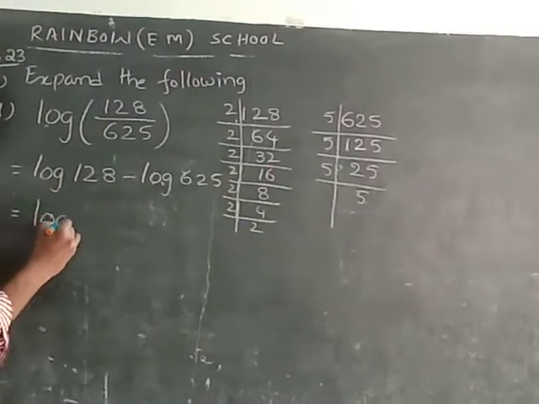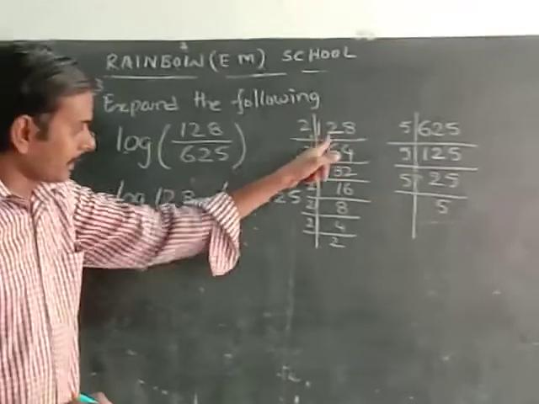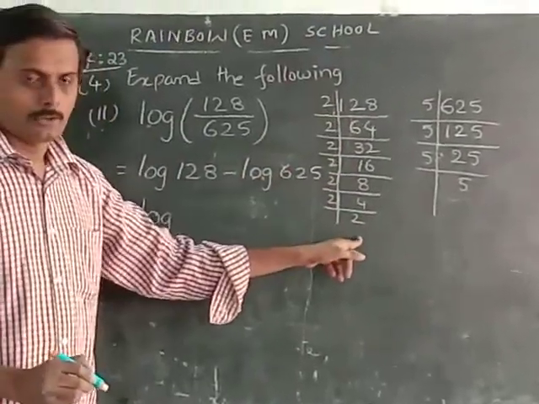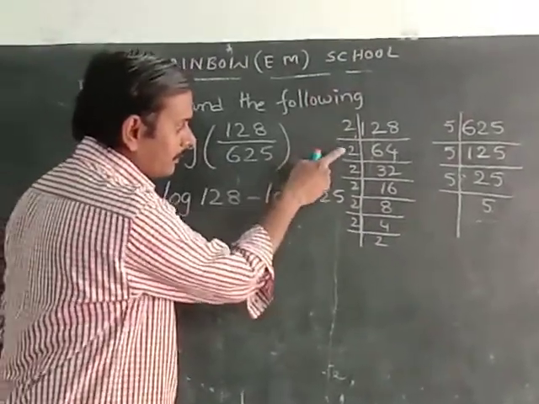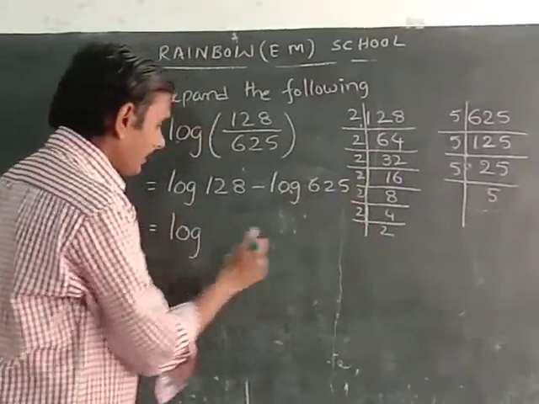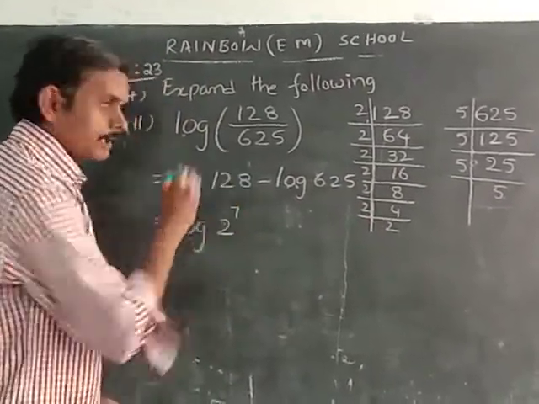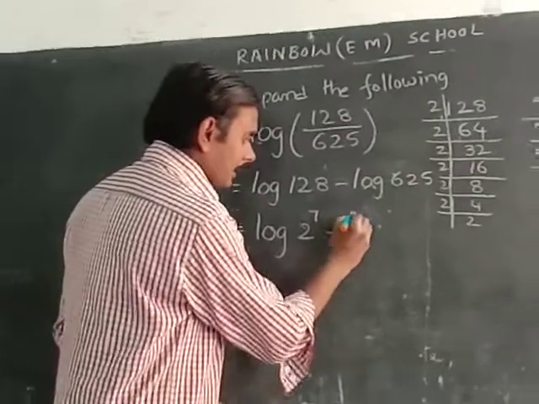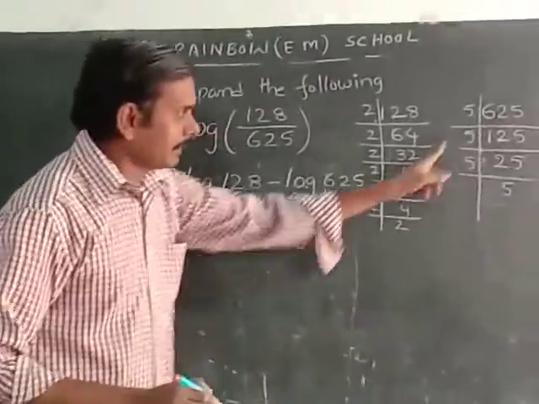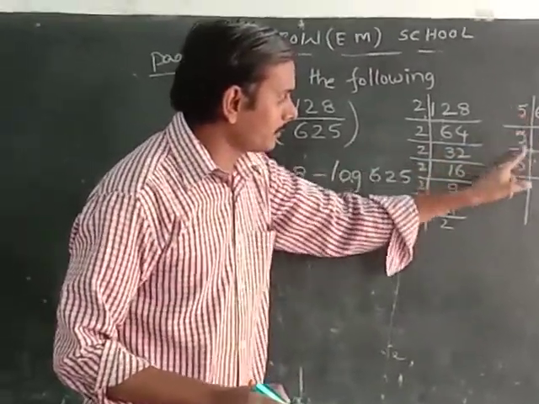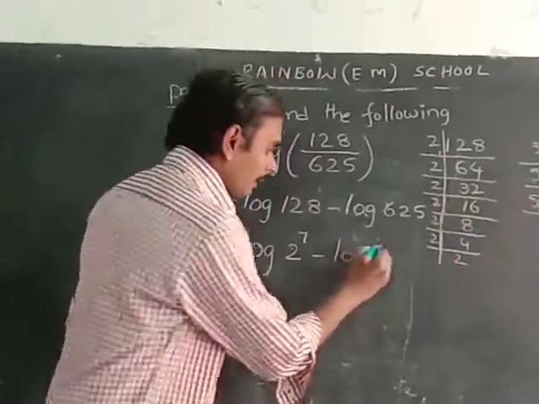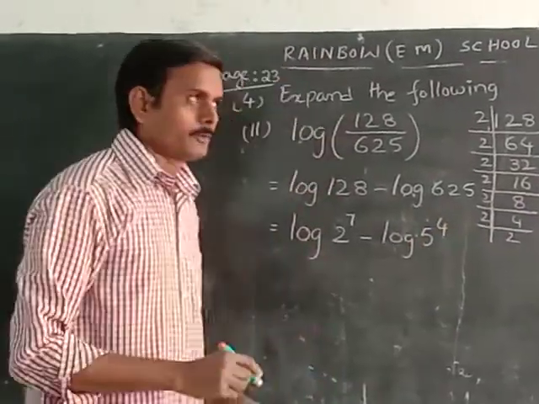For log 128, all are 2's only. How many 2's are there? 1, 2, 3, 4, 5, 6, 7. That means 128 we can write as 2 power 7, minus log 625, which we can write as 5 power 4.